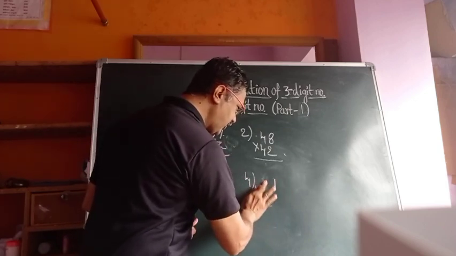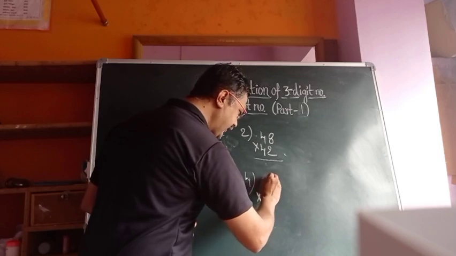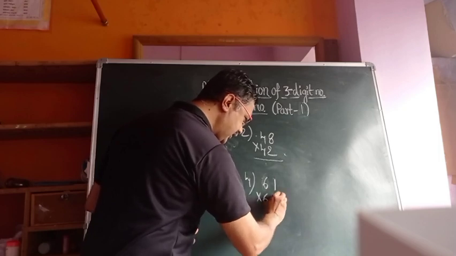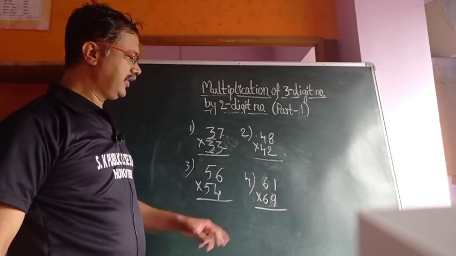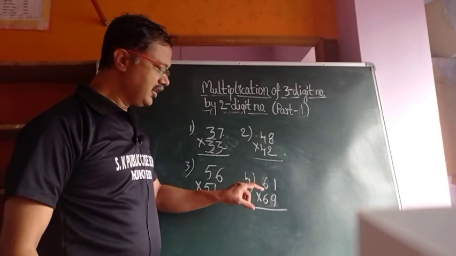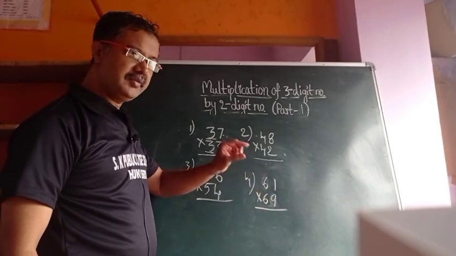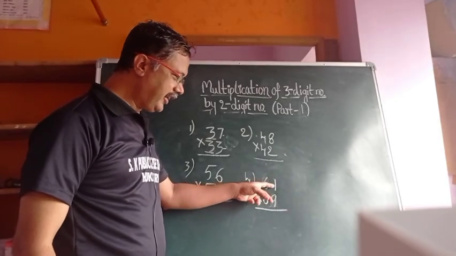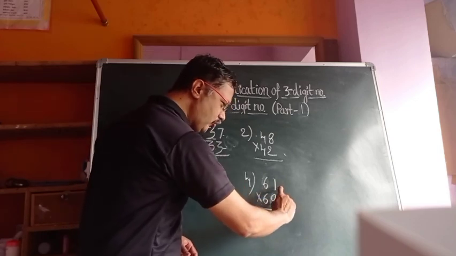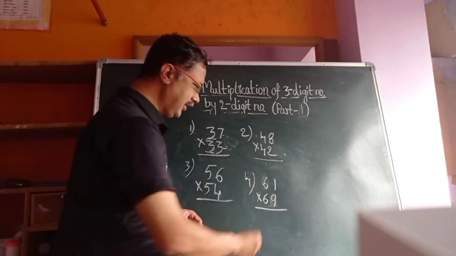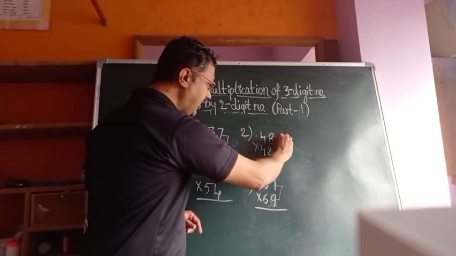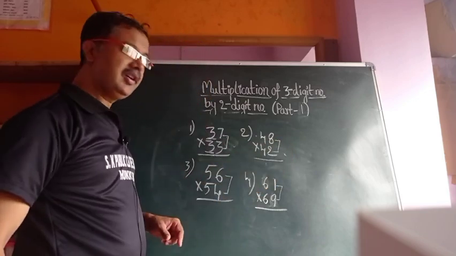61 into 69. In this case also 6 and 6. In tens place, both the numbers are same, and if you add the unit place, 1 and 9, it becomes a 10. 1 plus 9, 10, 7 plus 3, 10, 8 plus 2, 10, 6 plus 4, 10.